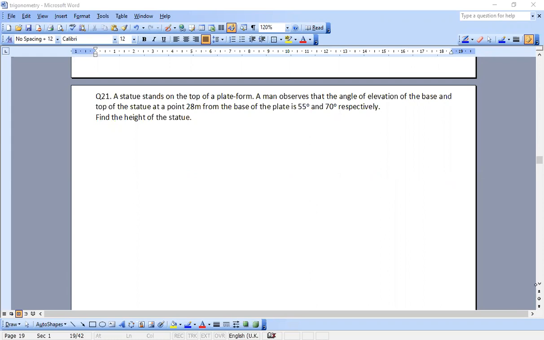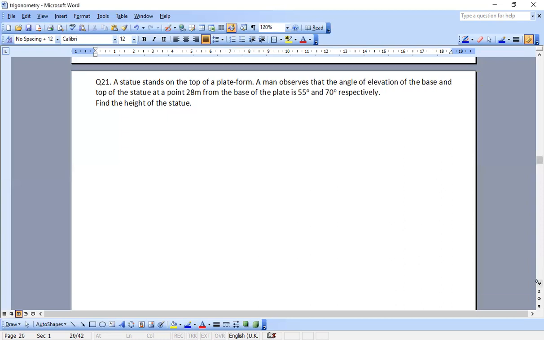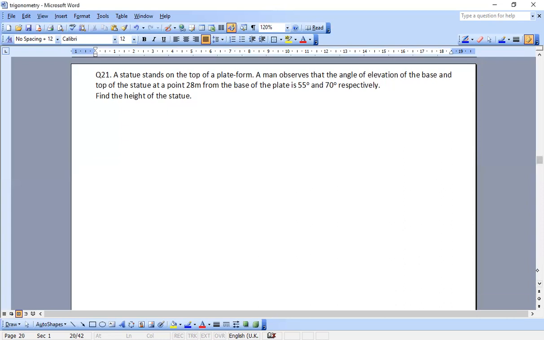Okay, the question might look very difficult, but if you can convert the given information into a diagram, then it will become a little easier to comprehend. First of all, I can see that there is a statue that they are talking about, which is standing on the top of a platform.